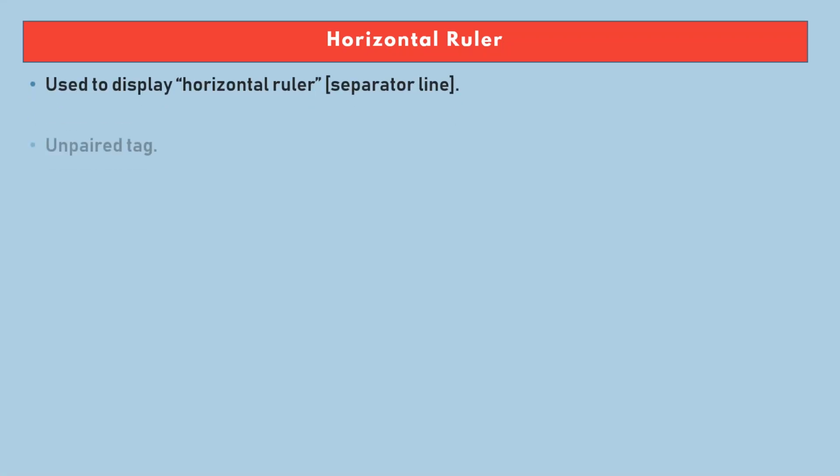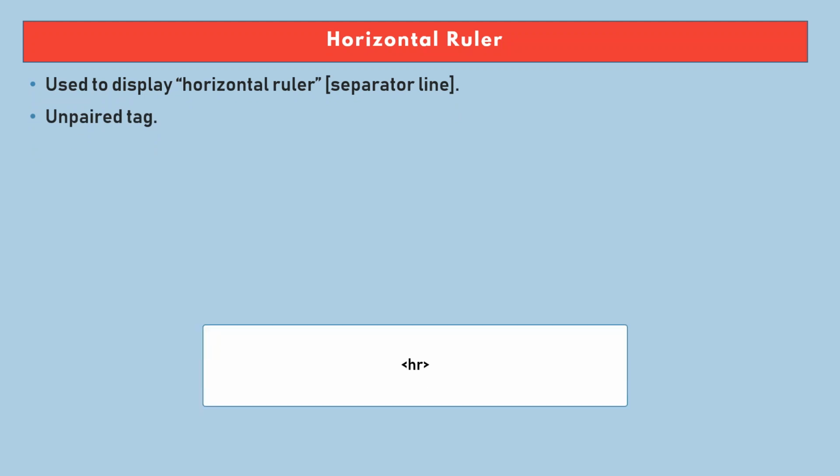HR means horizontal ruler. It is an unpaired tag. It is used to display a separate line. Just like this, in the web page, if you want to display a horizontal line, we have to use HR. A horizontal line is created by using HR. It is an unpaired tag, no closing tag for HR.